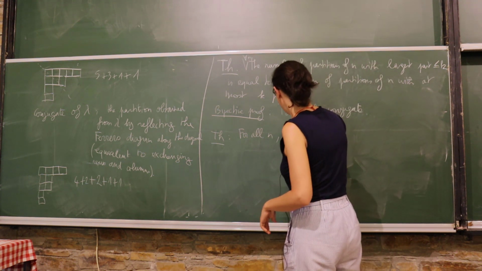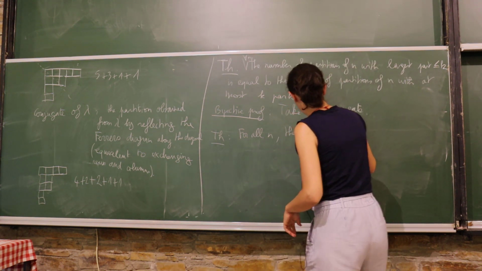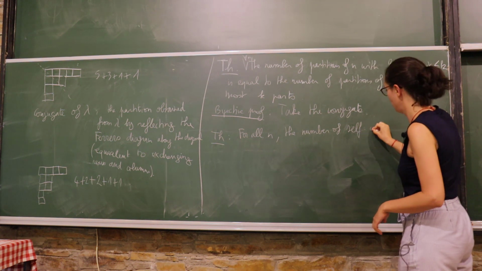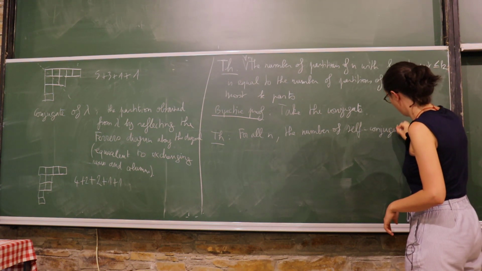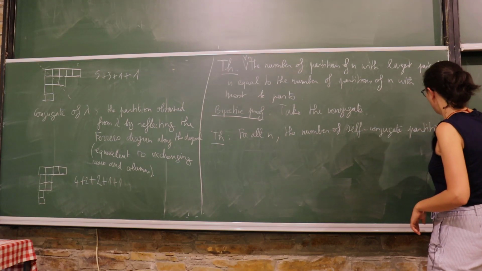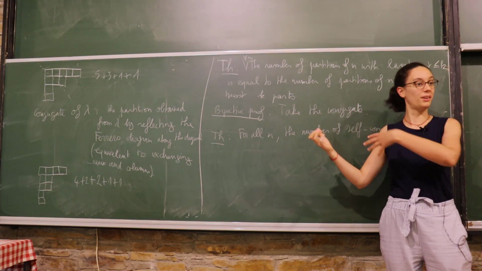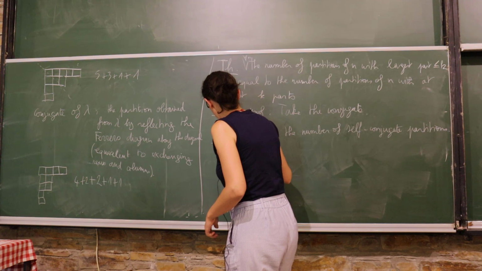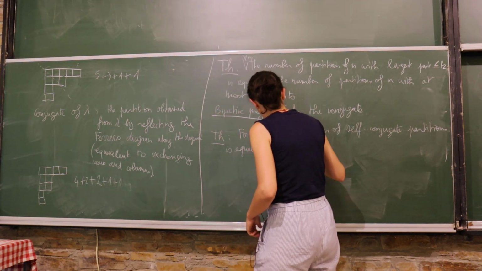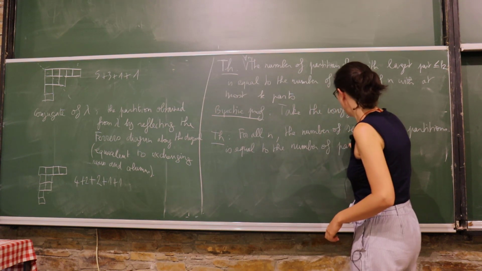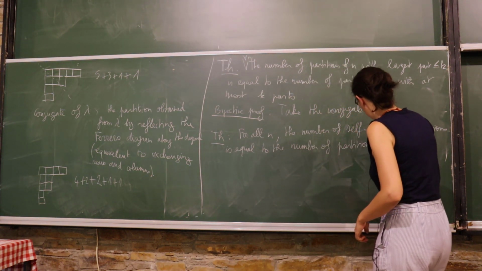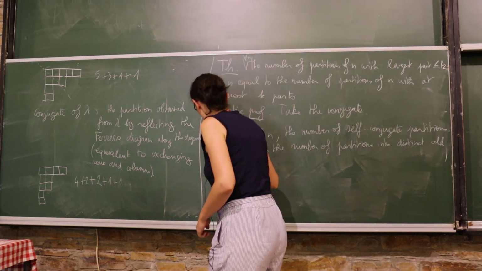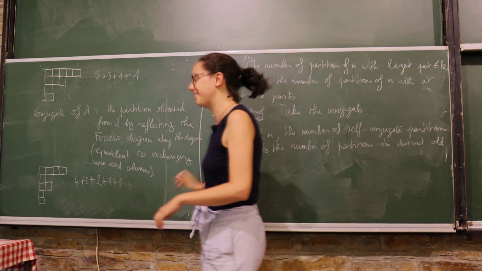For all n, the number of self-conjugate partitions, by which I mean the partitions who are their own conjugates, is equal to the number of partitions into distinct odd parts. Okay, so we'll do an example right now.